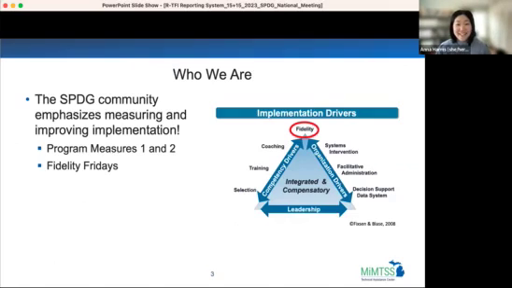But one of the things that I have loved since being part of the SPDG community, really since 2007, is this identity that revolves a lot around measuring implementation. I feel like that is very much a core value within the SPDG community. And you see it come out all over the place in Program Measures 1 and Program Measures 2. I love that there's Fidelity Fridays. I wasn't able to attend the first one.